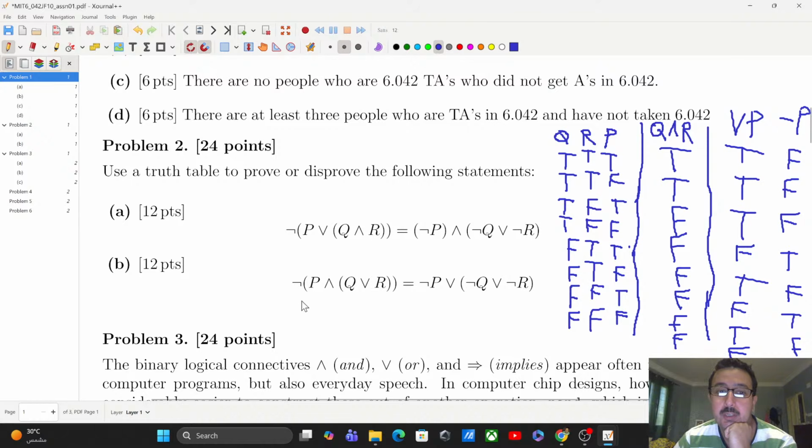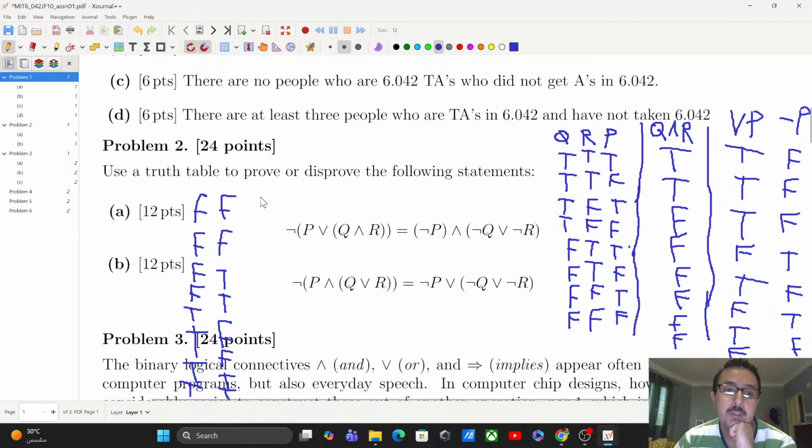So not Q is gonna be, let's do the mirror, false, false, false, false, true, true, true, true. It's 4. And then I got false, false, false, false, true, true. I got false, false, true, true.